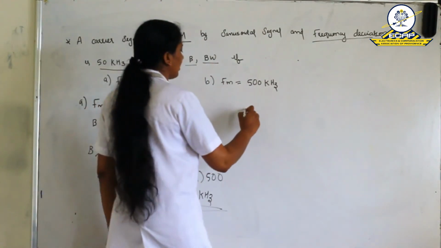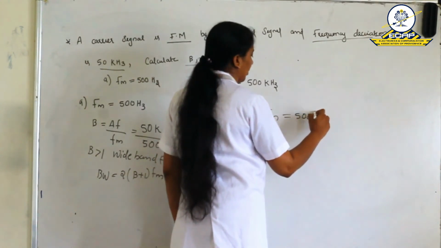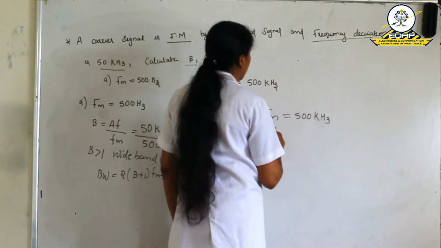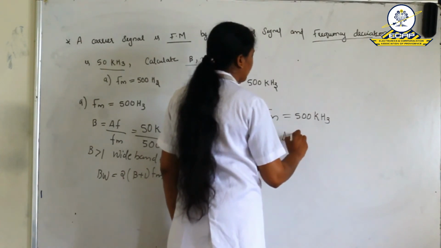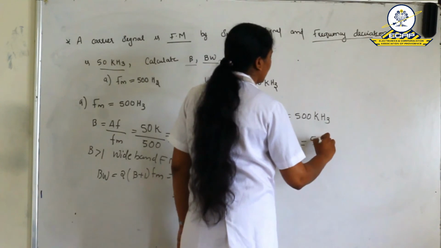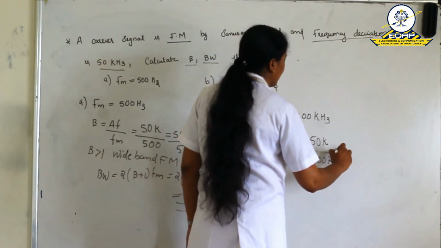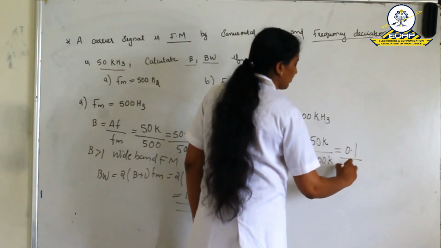In the second part, we have fm equal to 500 kilohertz. So, beta is equal to delta f by fm, that is 50 kilohertz divided by 500 kilohertz, that is equal to 0.1.